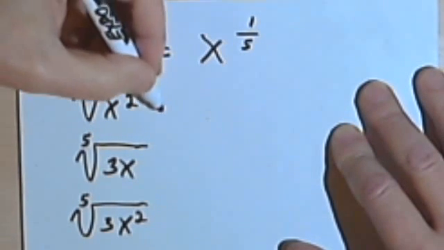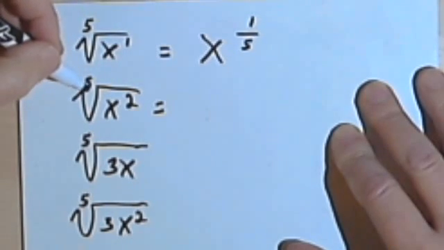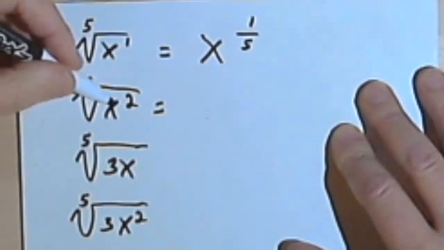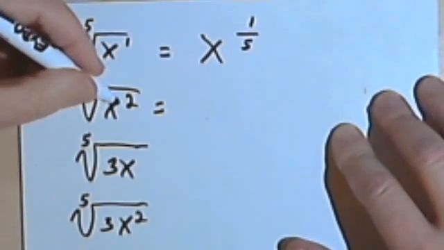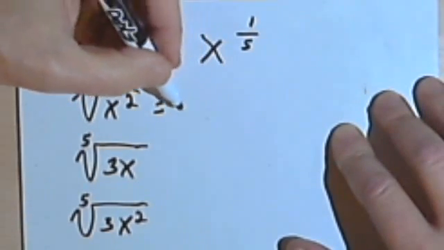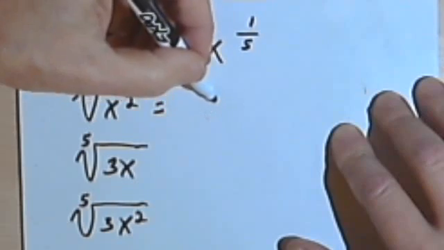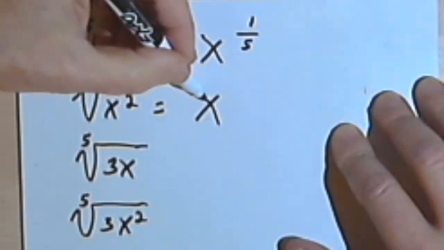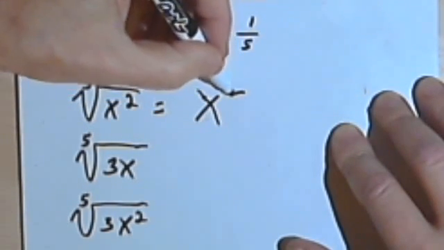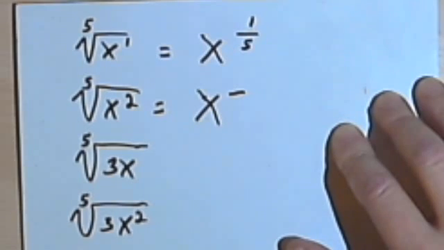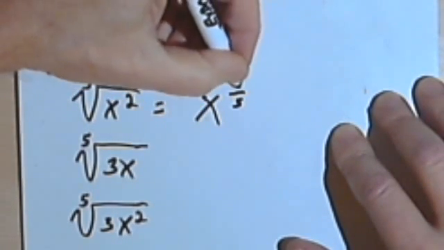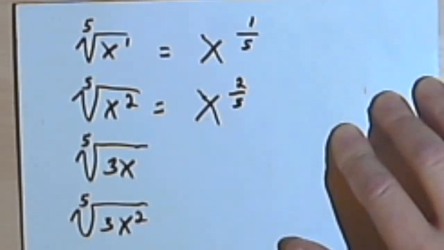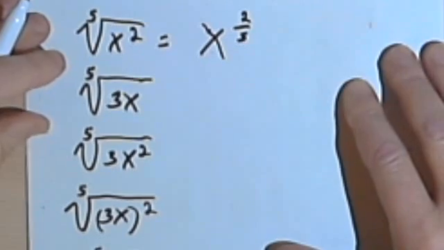Okay? Let's use that same rule, and we'll do the 5th root of x squared. So I'm going to take this x, bring it out from under the radical sign. I'm going to have a rational exponent, a fraction exponent. The denominator is going to be 5, and the numerator is going to be 2. Okay, here's where we have to be careful.